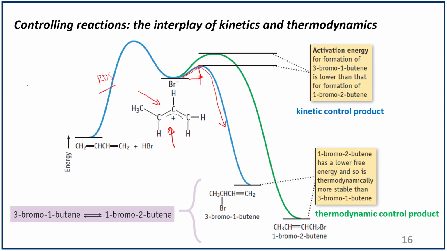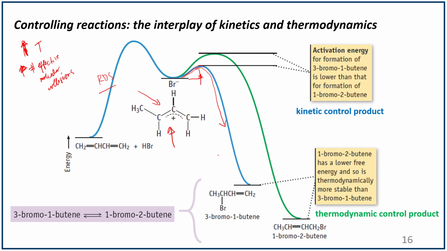So just remember that from the collision theory, the higher the temperature is, the higher the number of effective collisions, molecular collisions, okay, which are basically enough to overcome the activation energy.